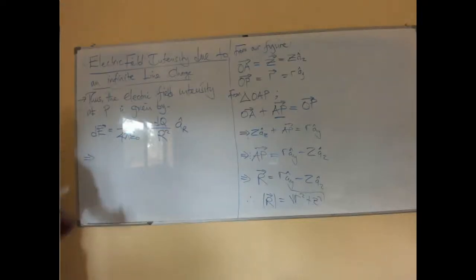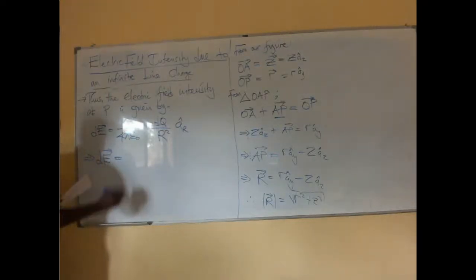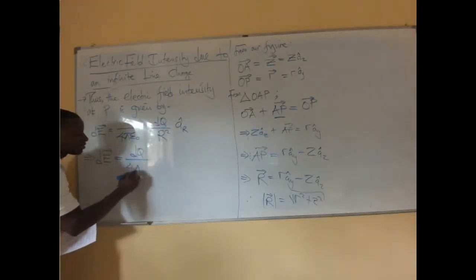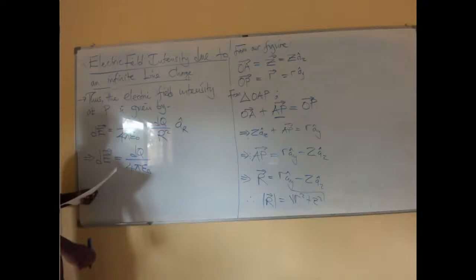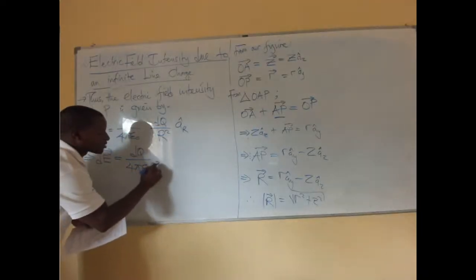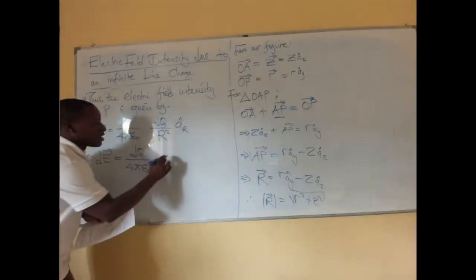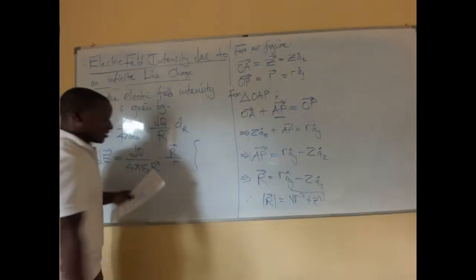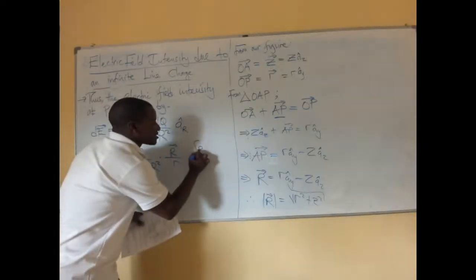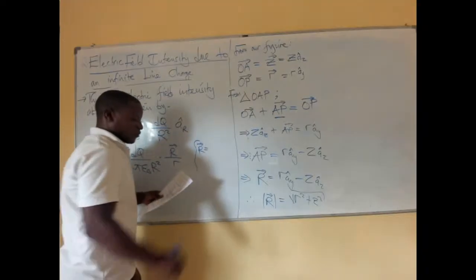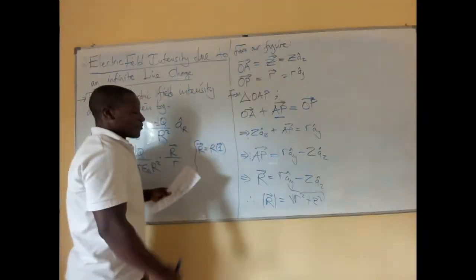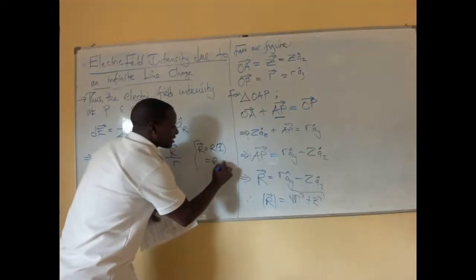Now, it means that we write E, and we have Q over 4 pi epsilon 0, multiplied by r squared, then this must be multiplied by R over R. Of course, this is coming from the fact that this vector R must be equal to R multiplied by the unit vector, which is the same as R a_R.